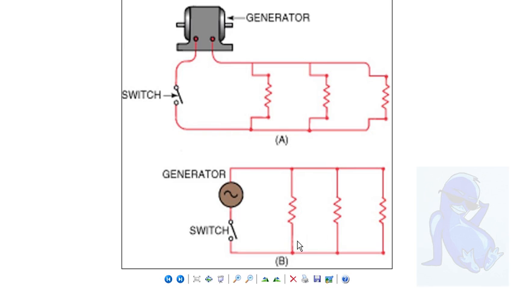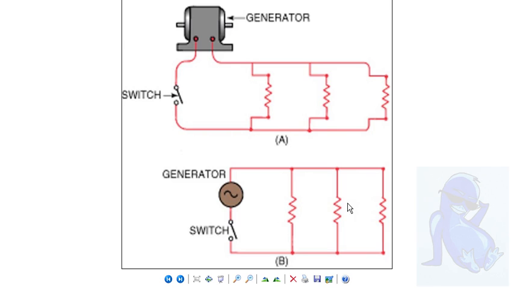And I don't know if I want to get into the differences in voltage or amperage. In a parallel circuit, your voltage stays the same on each load, on each resistance. Your voltage is the same, but your amperage will be shared among them.